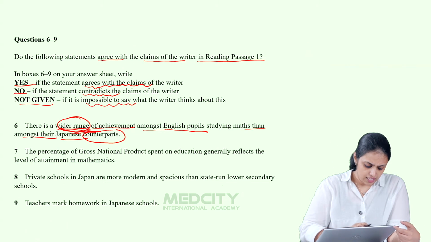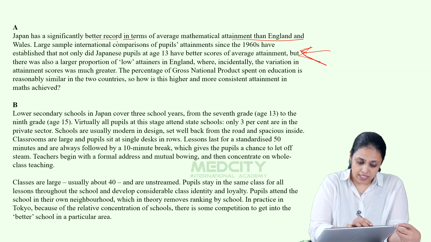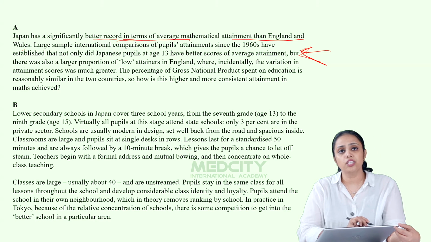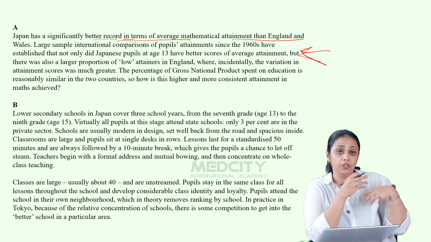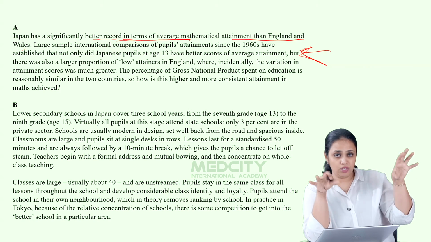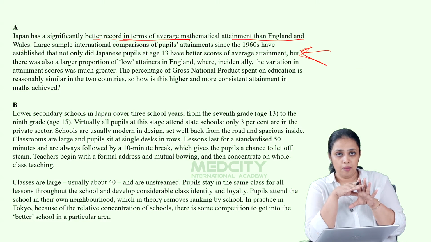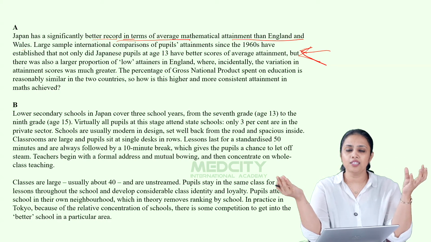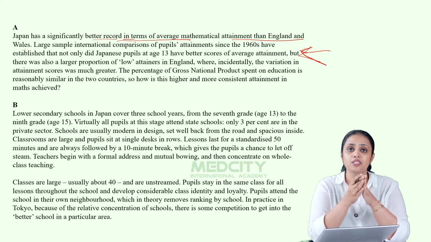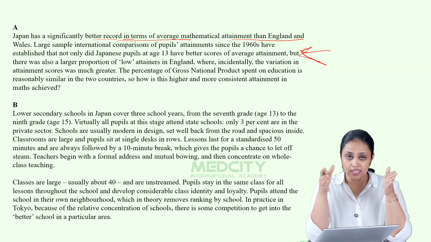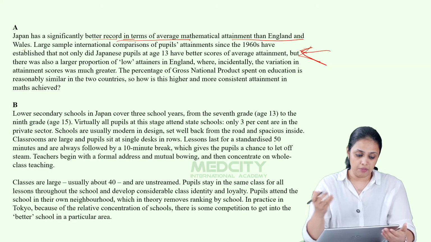Now, are wider range and better records in terms of average attainment the same? No. Maybe overall Japanese students would have better achievement when you take the average. But when considering the range of marks, least and highest, that disparity, the difference is huge when it comes to English students. That's what the statement is saying.